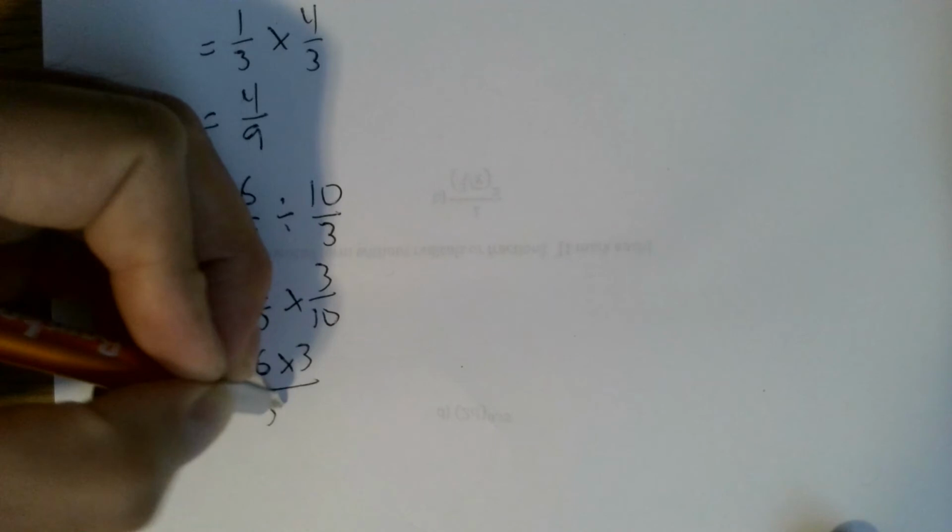Okay, and now to keep the numbers small, I'm going to write this as 6 times 3 over 5 times 10. And 6/10 is the same as 3/5. And that's all I can do to simplify that. So 3 times 3 is 9, over 5 times 5 is 25.